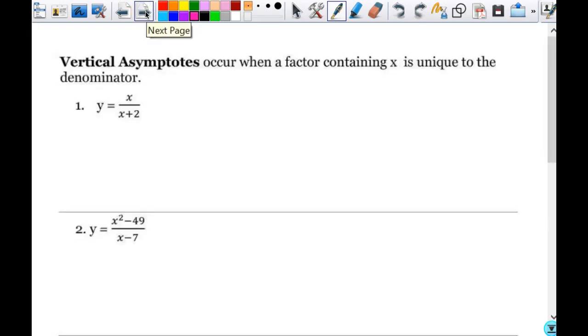All right, so vertical asymptotes. These we will abbreviate as, obviously, VA for vertical asymptote. They occur when a factor containing x is unique to the denominator. Okay, so I'm not canceling anything out, right? This x plus 2, there is not one in the numerator. So x plus 2 is what I use to find my vertical asymptote. What do I do with the x plus 2?